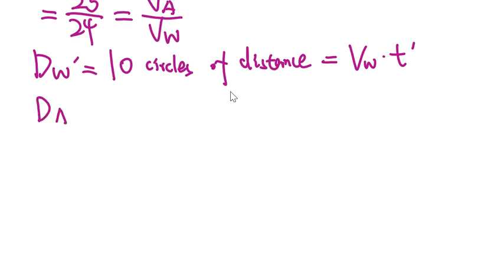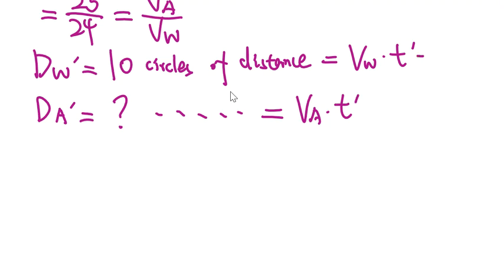Now dA' is what we want to solve for. I don't know how many circles of distance it will travel, but I know it is equal to VA times t'.